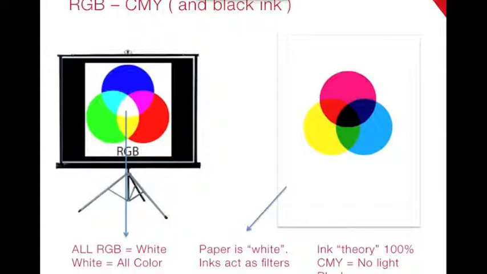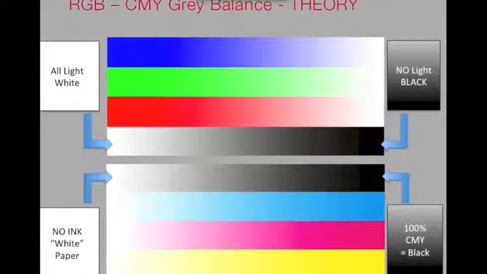Now let's apply this to our grey balance concept. So we've already proven that this is pretty much correct in RGB. We have even values of RGB, and we can use that fact as a trick or as a tool to help us balance images.